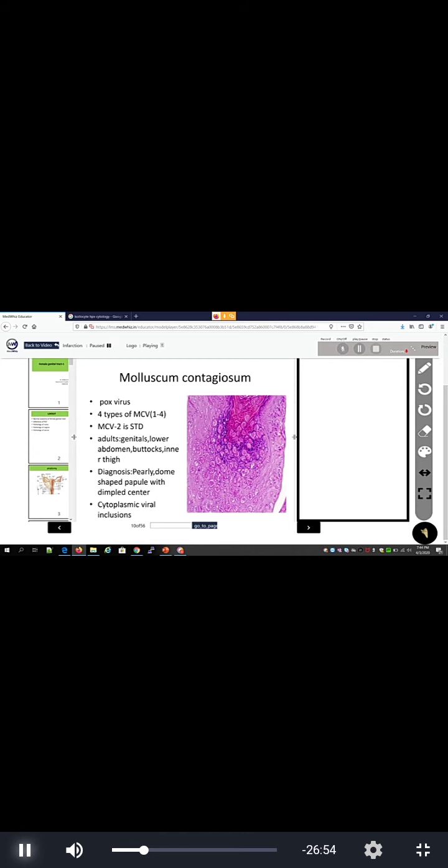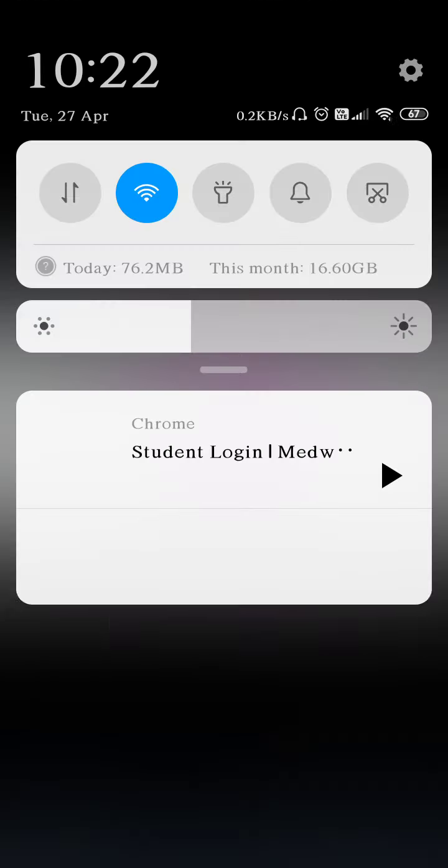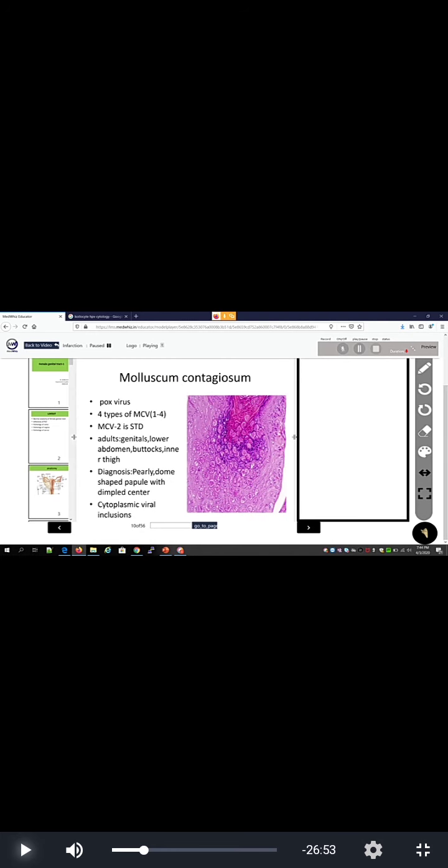So coming to molluscum contagiosum. It is mainly caused by pox virus.